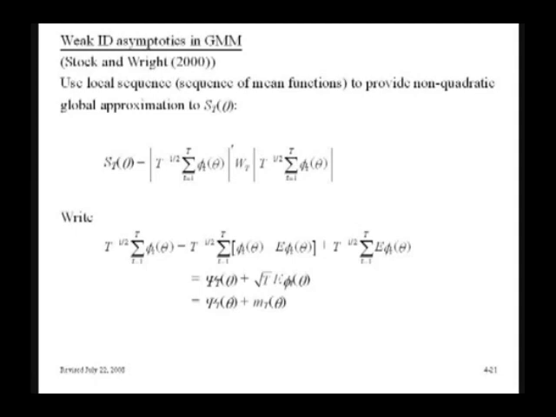One way to think about what makes GMM work in the usual setting is that if you move a little bit away from the true parameter value, the expected value of that moment function gets so out of control that you're driven to be near the true objective function. Once you're in that local neighborhood, with a steep objective function, you're going to be in good shape. So we need to break that link, because that's the link that's not working.